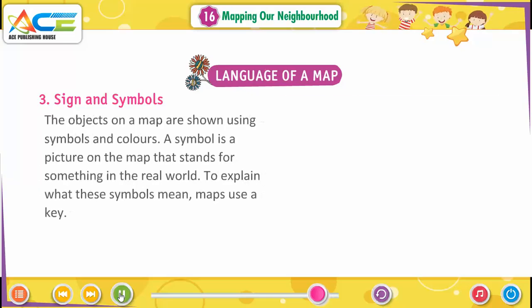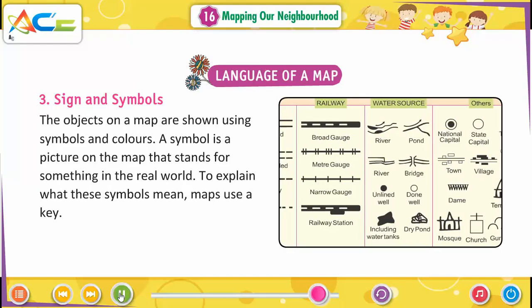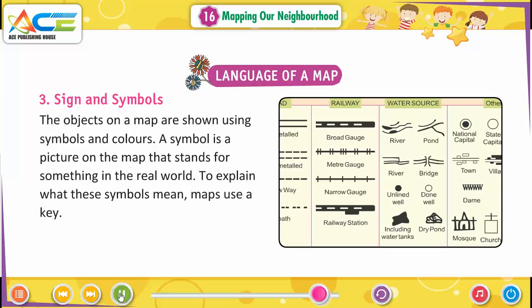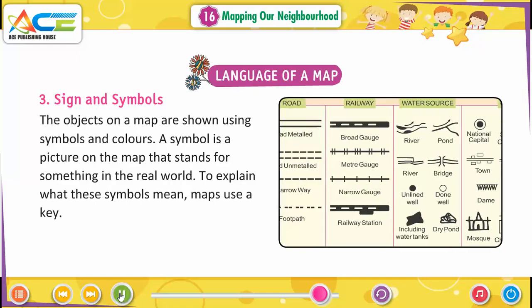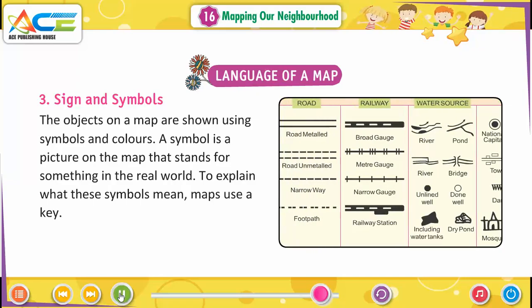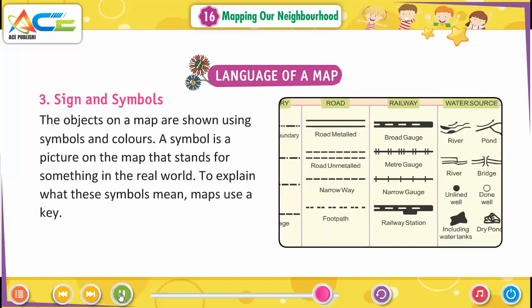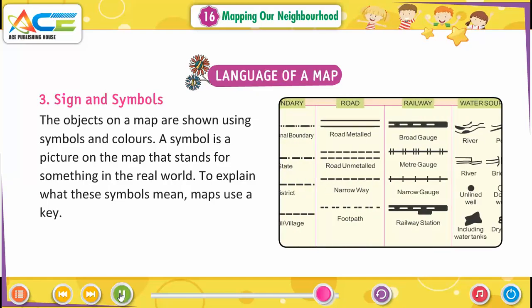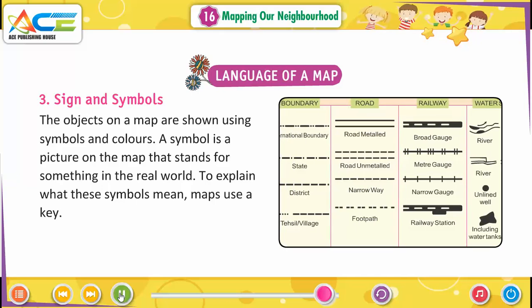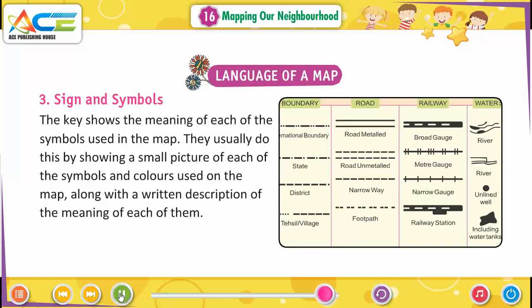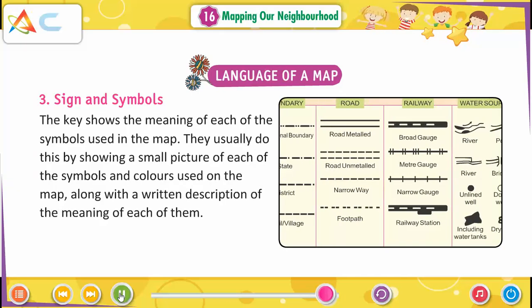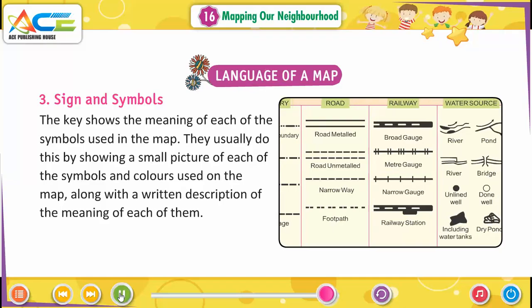Signs and symbols. The objects on a map are shown using symbols and colors. A symbol is a picture on the map that stands for something in the real world. To explain what these symbols mean, maps use a key. The key shows the meaning of each of the symbols used in the map.